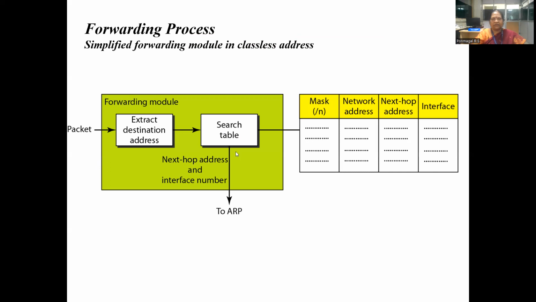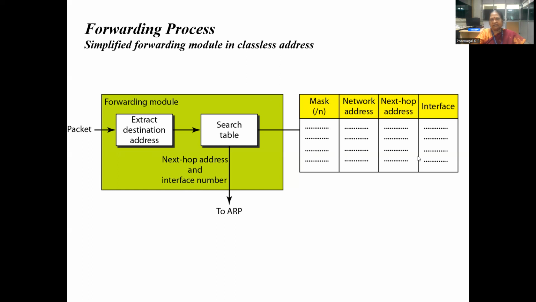This is a simplified forwarding module in a classless address. This is an example given for a classless address. The forwarding module in a host or router will have two modules. When a packet comes in to a host, we have to extract the destination address and it will go to the search table.